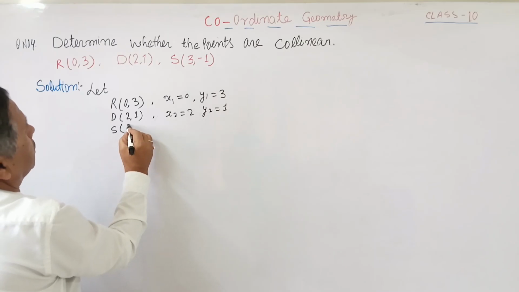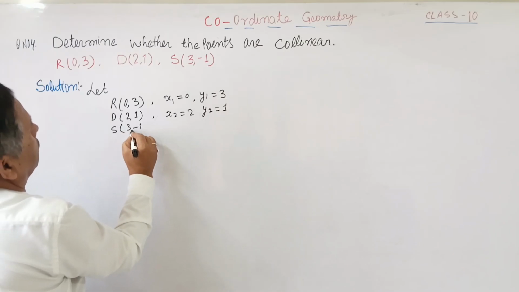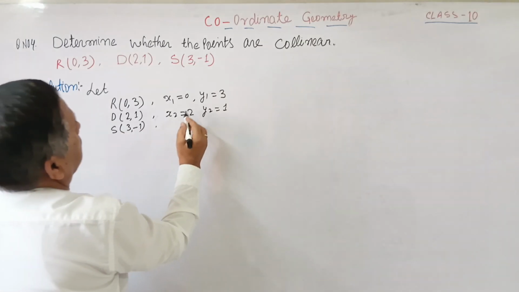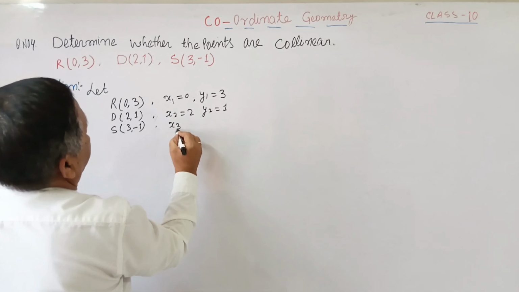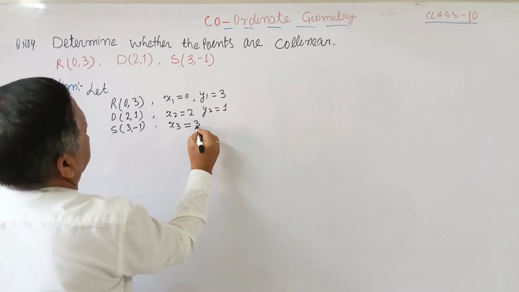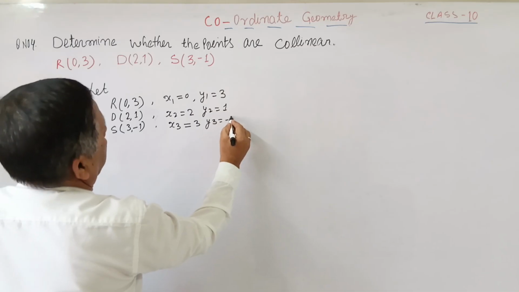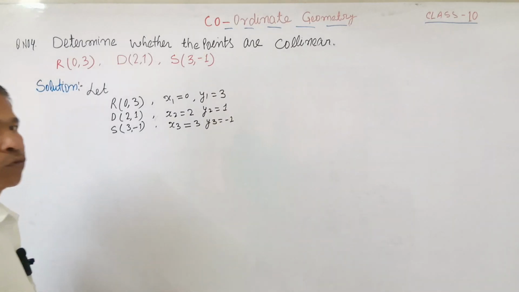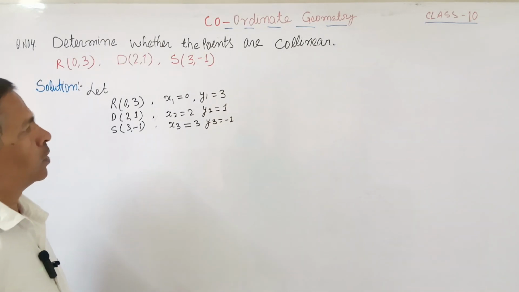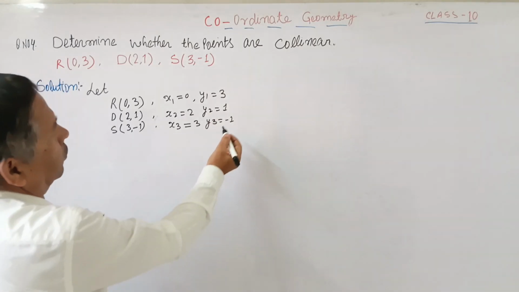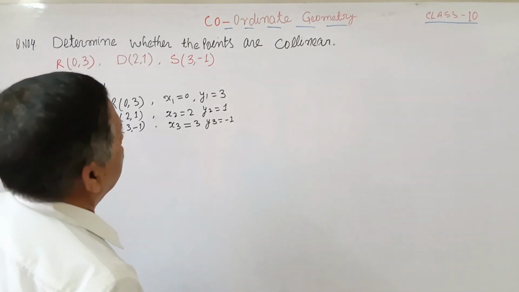S (3, -1), let us say x3 is 3 and y3 is -1. So we will use the distance formula to know whether these points are collinear or not.